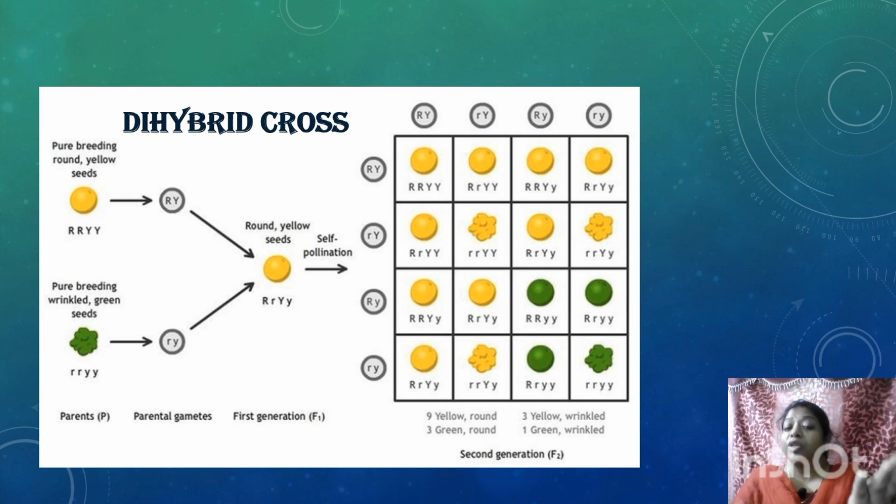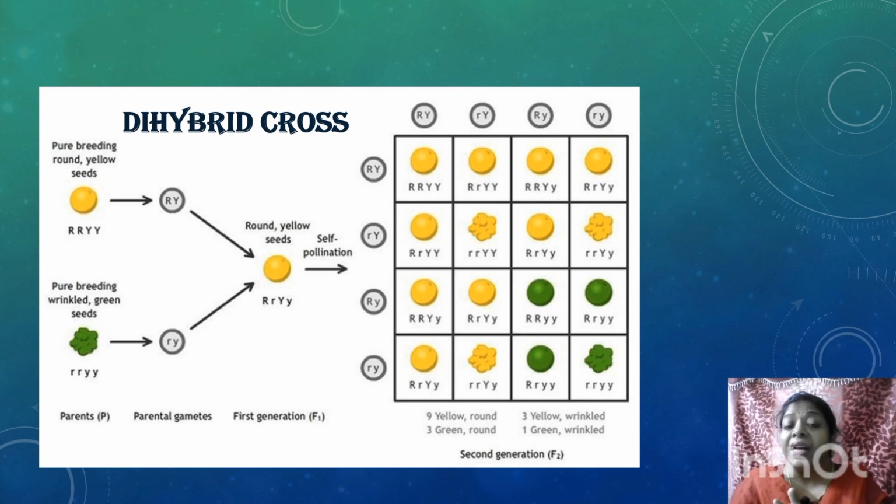As you can see in the figure, Mendel took contrasting characters, or in genetics we can say traits, together and crossed them. For example, he took the color and the shape of the seed.